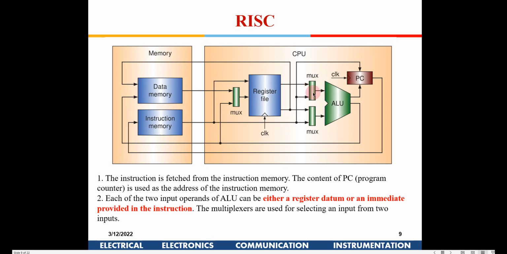That is why you have two muxes here. One input is coming from the instruction memory, and the other input is coming from the register. So you can have either two registers or one register and one data coming from the instruction memory. That is load immediate, add immediate. Those kinds of commands we are going to see.